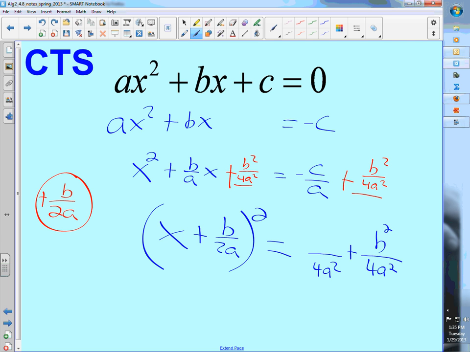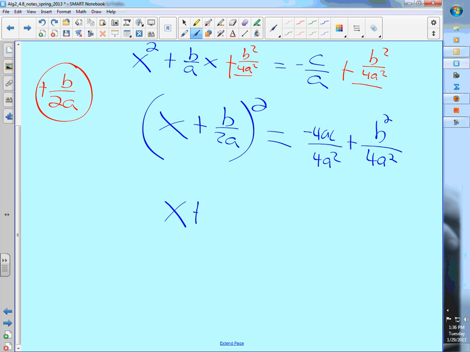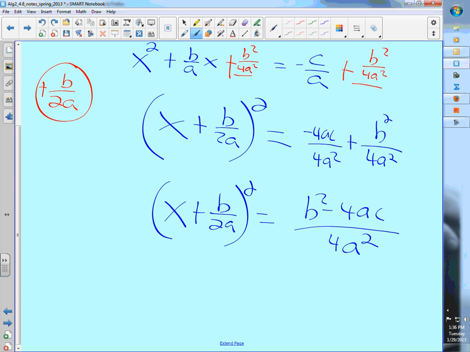We're going to have to multiply this by 4a, so this is going to be negative 4ac. When we combine those, since this is negative, we're going to put it second, and I'm going to get x plus b over 2a squared equals b squared minus 4ac over 4a squared.